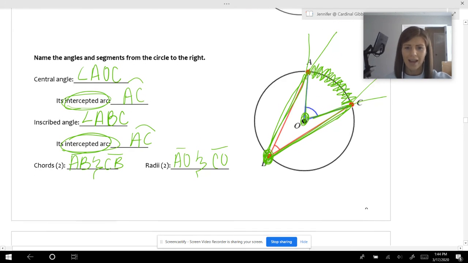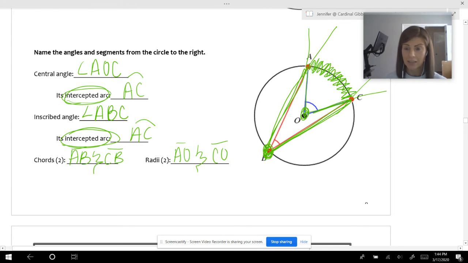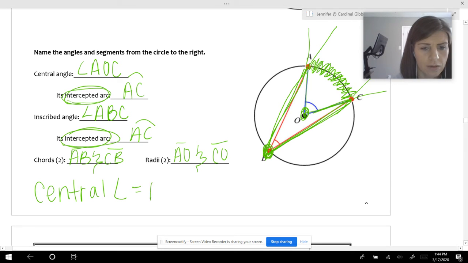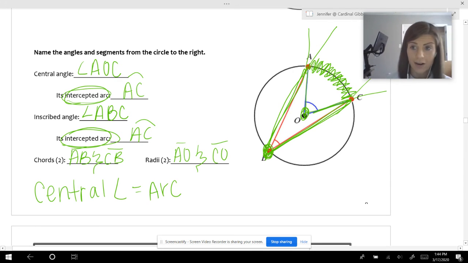We'll fill this in again on the next page of your packet. But one of the most important parts of this whole idea of an intercepted arc, central angle and inscribed angle is this: the central angle equals the arc. They are exactly the same measurement. If the central angle is 50 degrees, that arc is 50 degrees and vice versa.